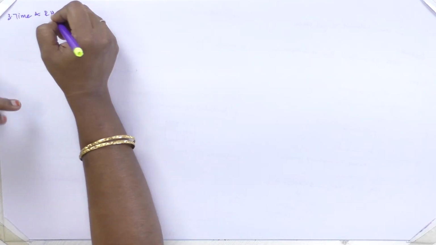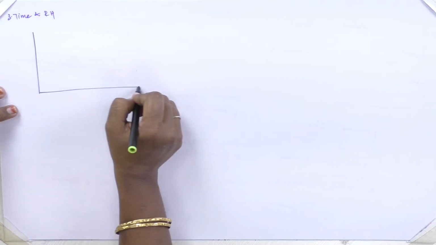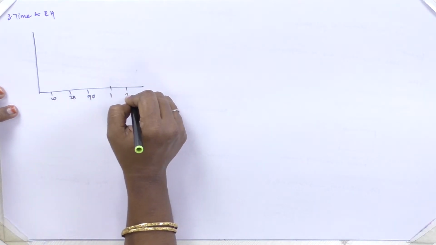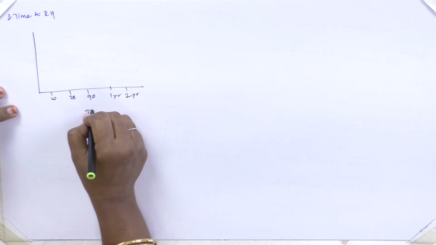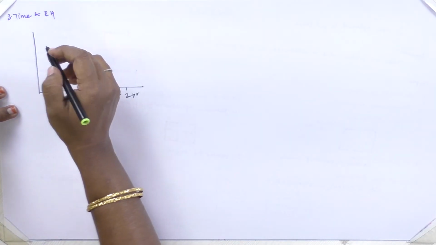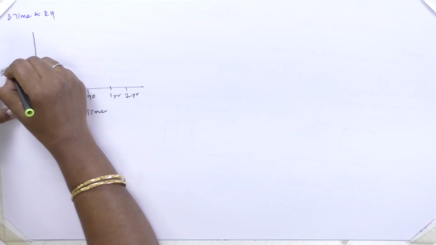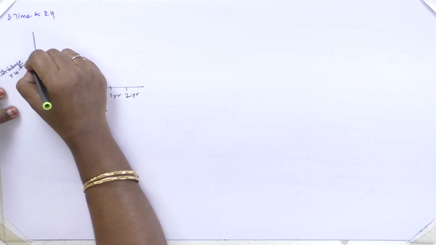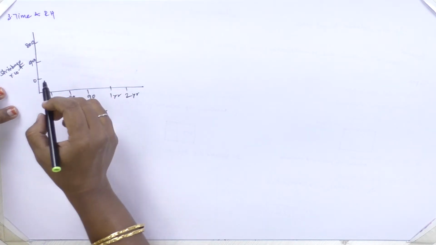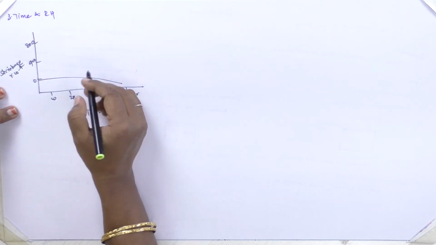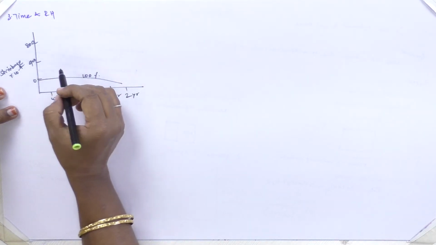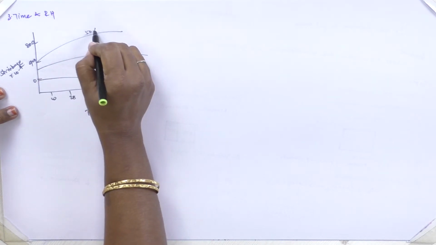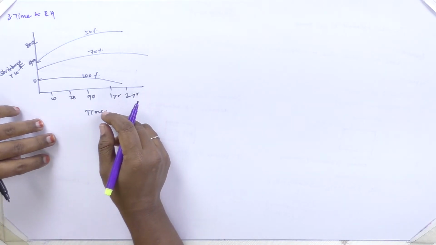Time and relative humidity. This is the shrinkage curve, with relative humidity of 70% and 50%.